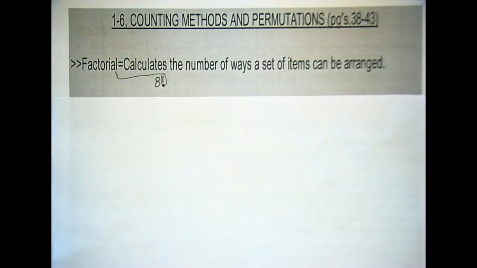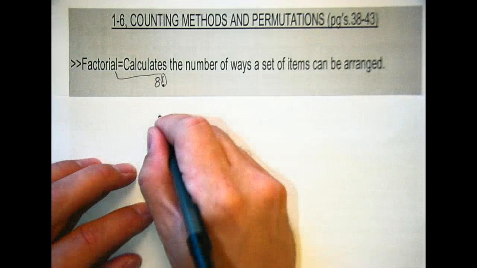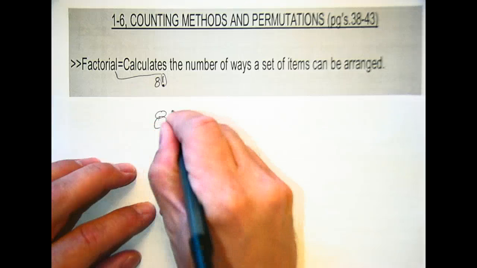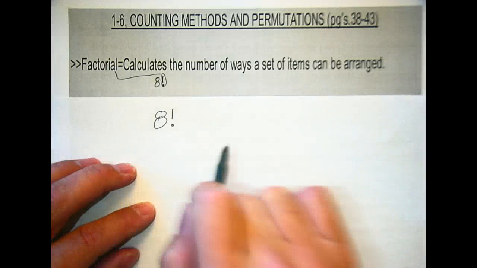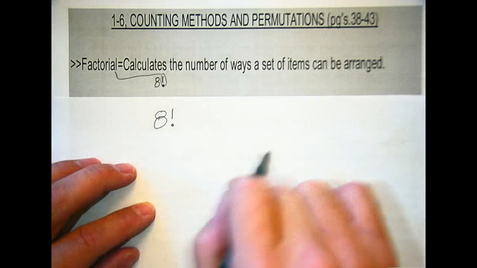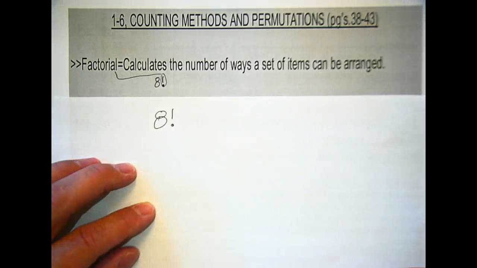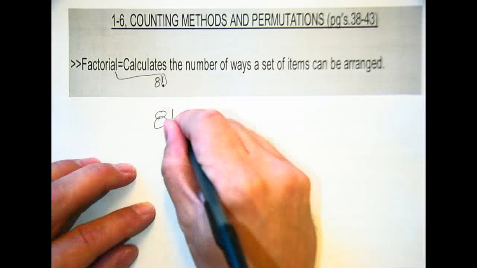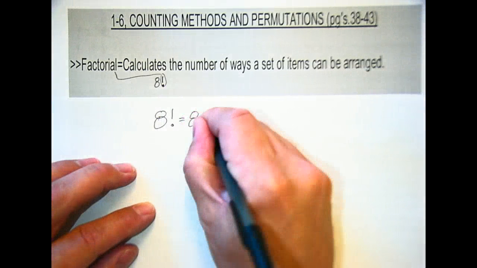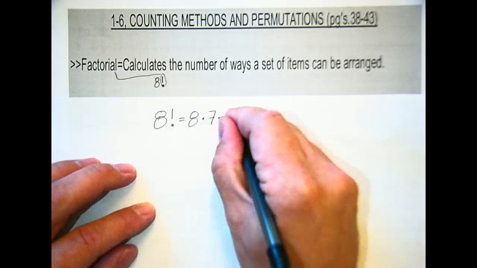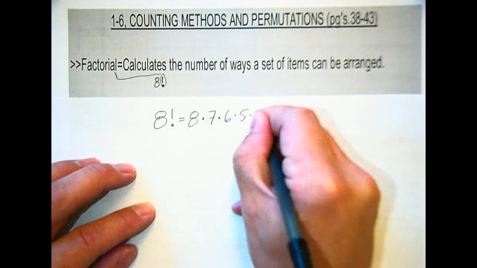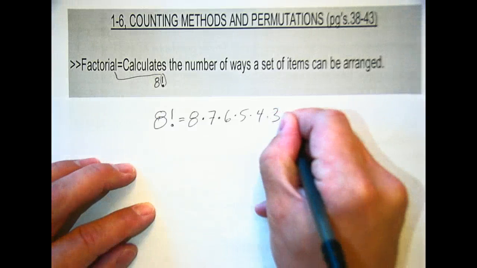Those of you who get all excited about your assignment and say your answer is 8, you didn't put 8. You put 8 times 7 times 6 times 5 times 4 times 3 times 2 times 1. Otherwise, you put the wrong answer. Factorial means 8 factorial is 8 times 7 times 6 times 5 times 4 times 3 times 2 times 1.